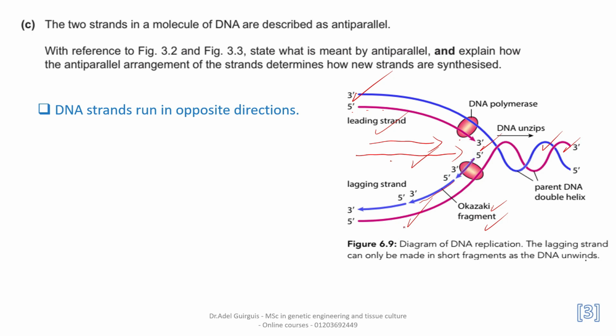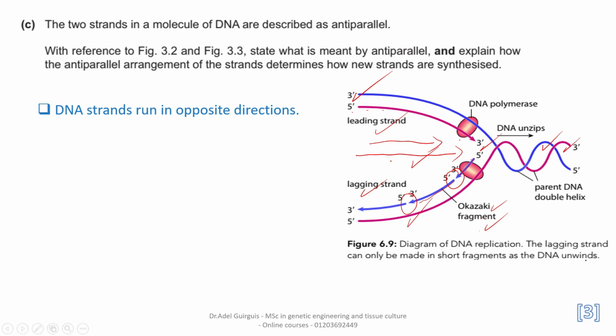Certain segments, not complete, not continuous. This is called the lagging strand. Then DNA ligase makes phosphodiester bonds between these Okazaki fragments to form the newly synthesized strand of the other template.